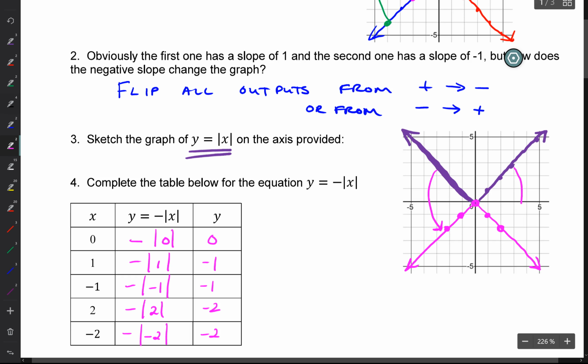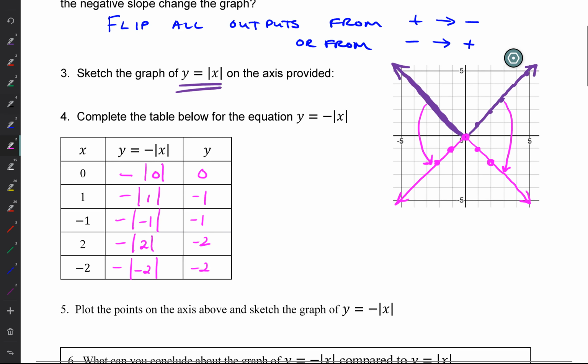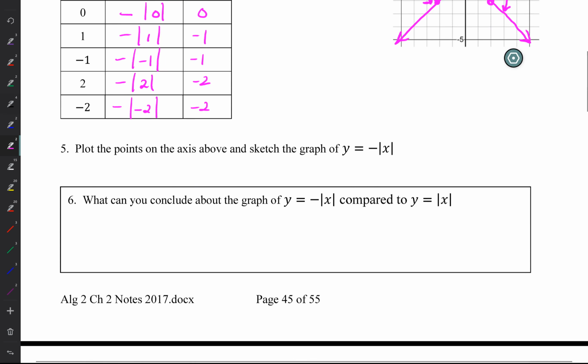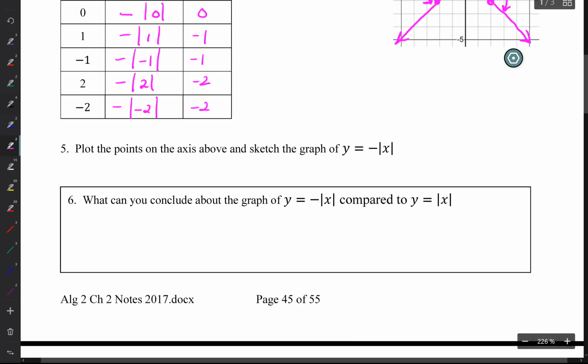So all of these points are reflected down to the other graph. So we've plotted those points. We kind of got a feel for it. And so as we conclude about the graph of the opposite of the absolute value of x compared to the absolute value of x, I hope at this point you can very quickly see that when you multiply the outside or the output of a graph, it's going to flip over the x-axis.